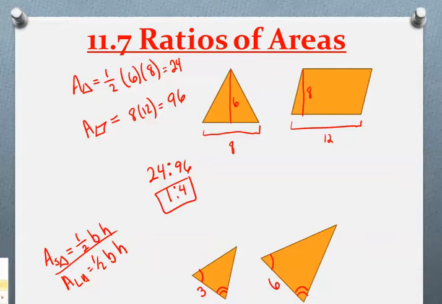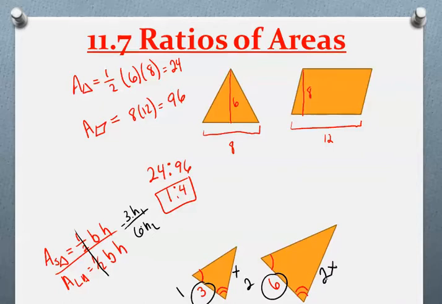What you should hopefully notice right away is that the halves would cancel out in the ratios. And if I say that 3 and 6 are the bases, then I'll have h1 over h2. The ratio of 3 to 6 is 1 to 2. Therefore, no matter what this side is, this has to be double it.